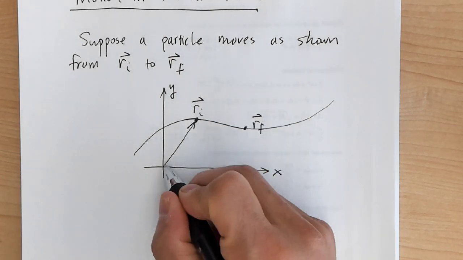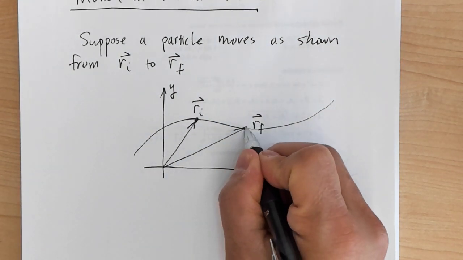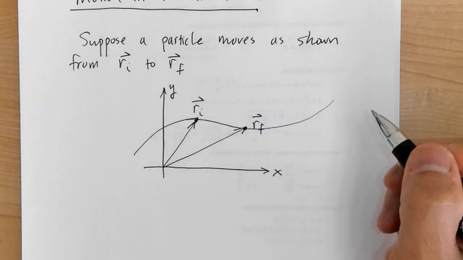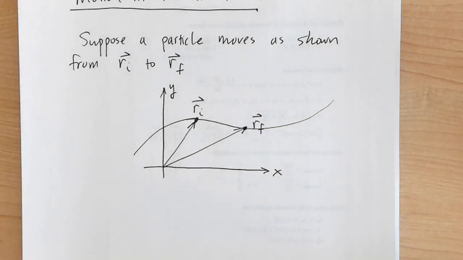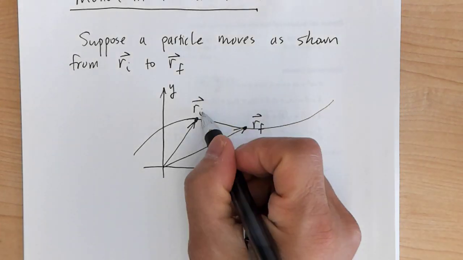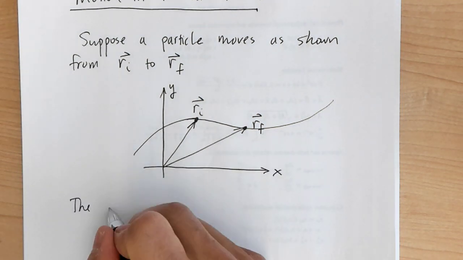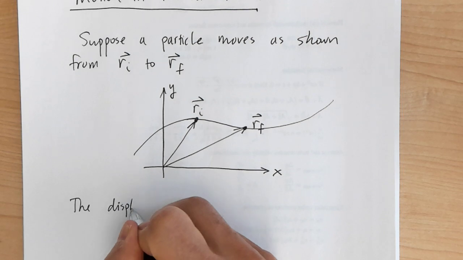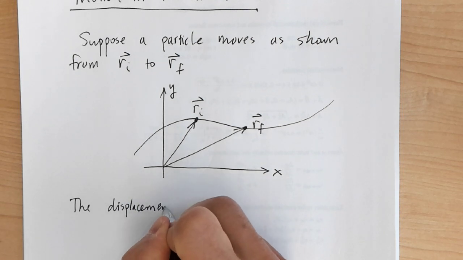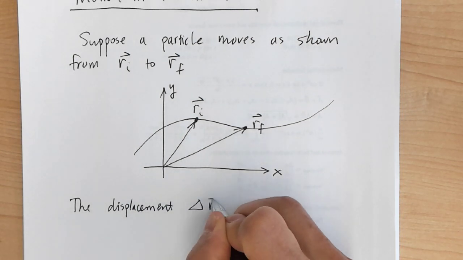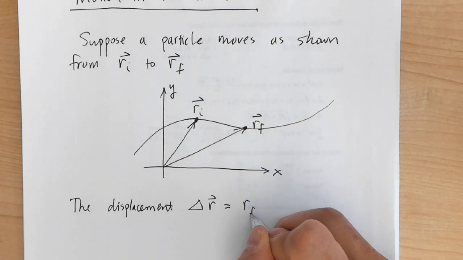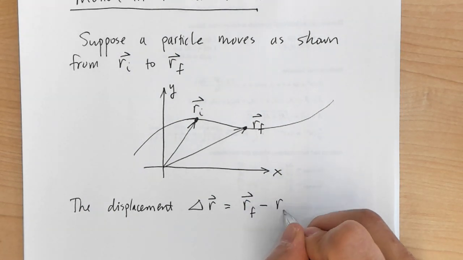And so these are the positions Ri and Rf. The displacement from the initial to the final is going to be the difference between the two. So the displacement delta R is equal to R final minus R initial.